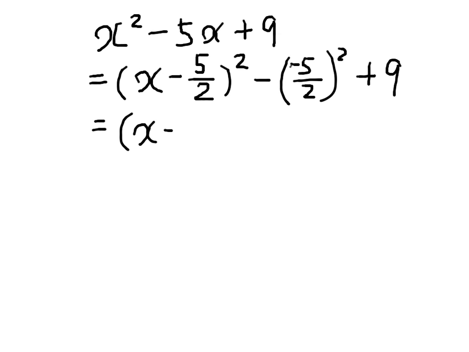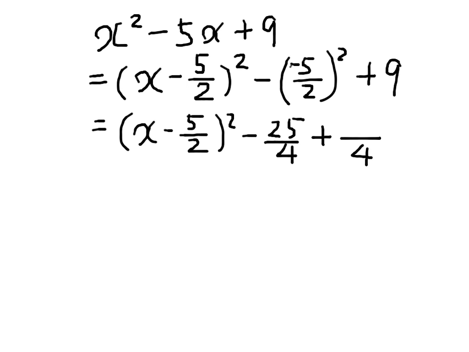x minus 5 over 2 squared, minus 5 squared is 25, and you're going to have the denominator squared, so 2 squared, 4. And you still have plus 9, but I want to write plus 9 as something over 4.